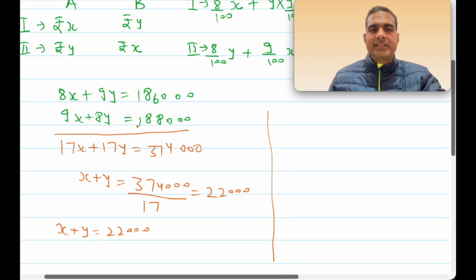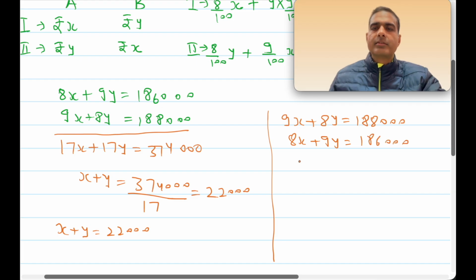So if I subtract both the equations, I will write 9x plus 8y first, that is 188,000, and 8x plus 9y is equal to 186,000. Now if we subtract both, 9x minus 8x will be x, and 8y minus 9y will be minus y, so x minus y is equal to 2000. 188,000 minus 186,000 will be 2000.